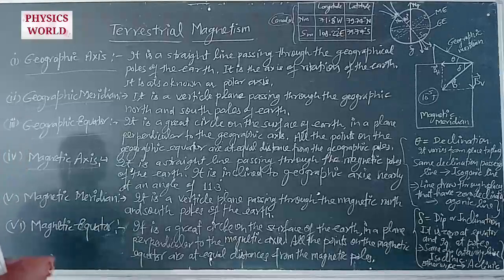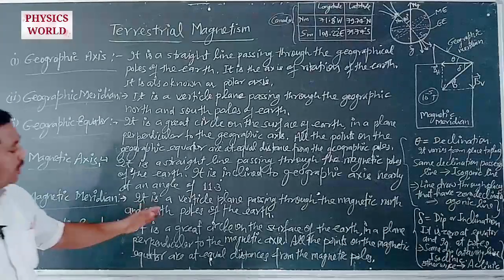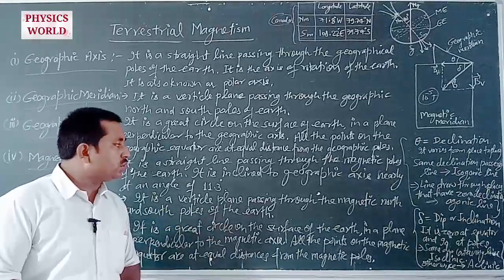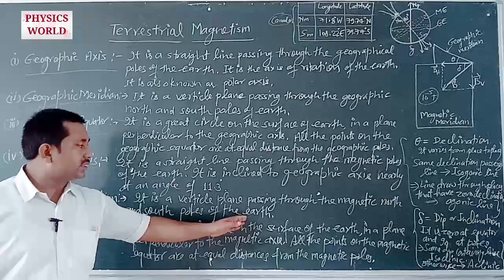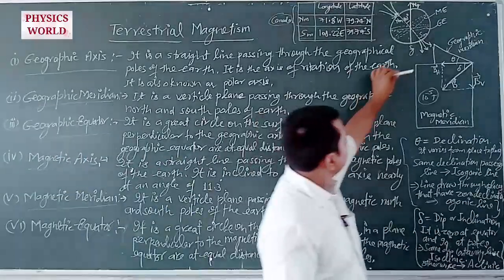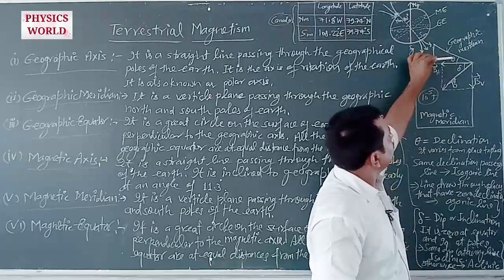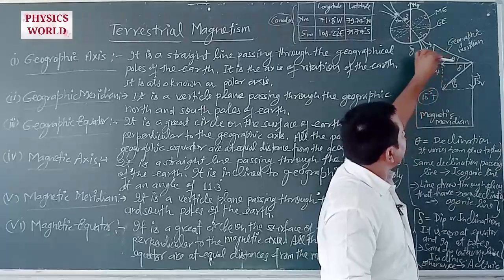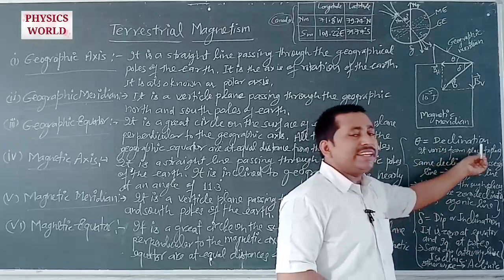Now the magnetic meridian. It is a vertical plane passing through the magnetic north and south poles of the Earth. You are seeing in this figure that this is the magnetic meridian and this one is the geographic meridian. The angle between the geographic meridian and the magnetic meridian is known as declination.